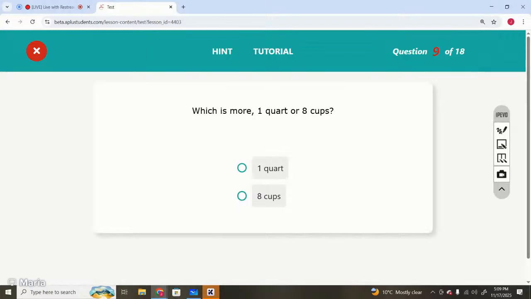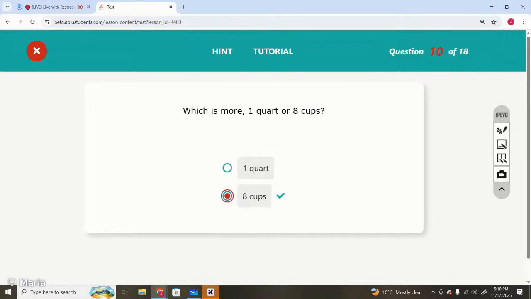Which is more, 1 quart or 8 cups? 8 cups is more than 1 quart.